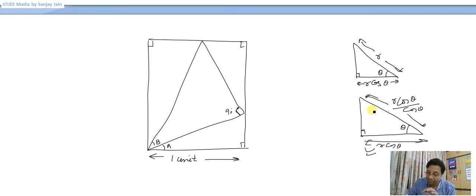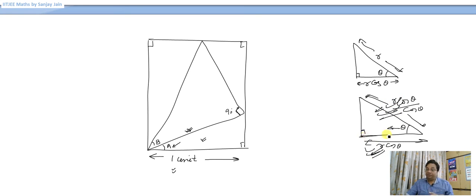And you can think it the other way around also. For example, this side is not given, for example this side is given. I am referring to this triangle here. Now you want this side, okay? You can think that this side length multiplied with cos of this angle would have given you this, right? So what will be this side?